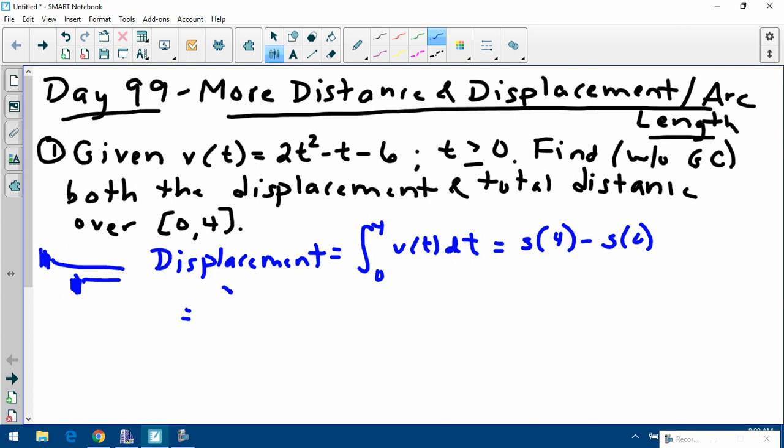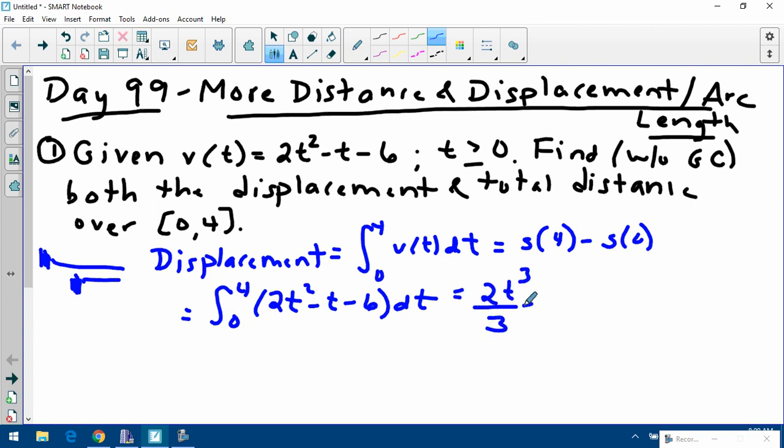So in this case, that's going to equal the integral from 0 to 4 of 2t squared minus t minus 6 dt. And that would just equal 2t cubed over 3 minus t squared over 2 minus 6t evaluated from 0 to 4.